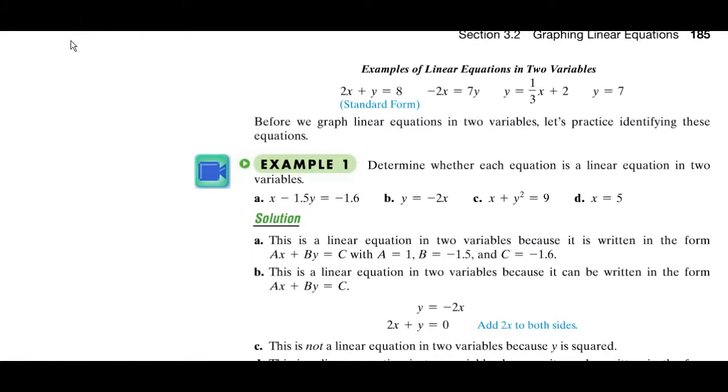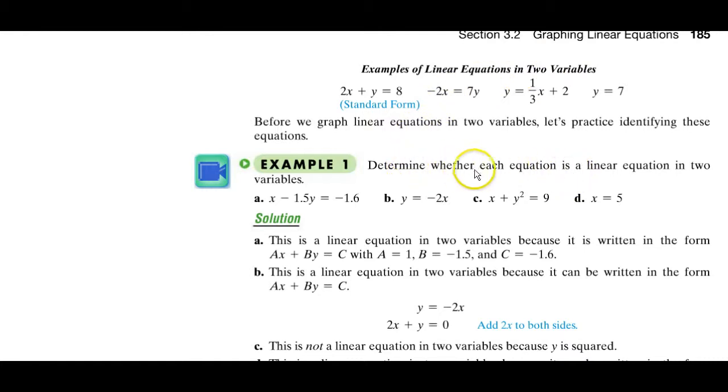So let's see what they're asking us here. And by the way, all of these are linear equations. Even though this one only has one letter, the value of x there is 0. That's why they're not writing it. But these are all examples of linear equations in two variables. Again, the x is a 0. That's why we're not writing it.